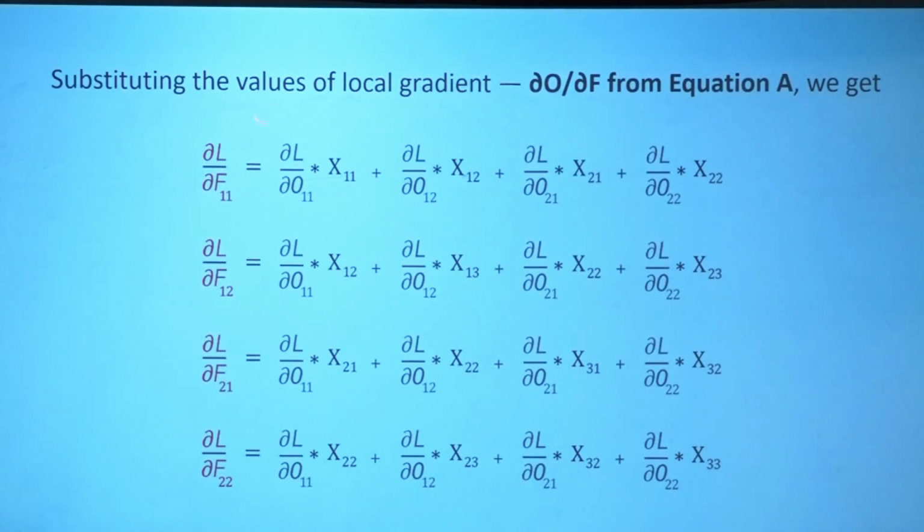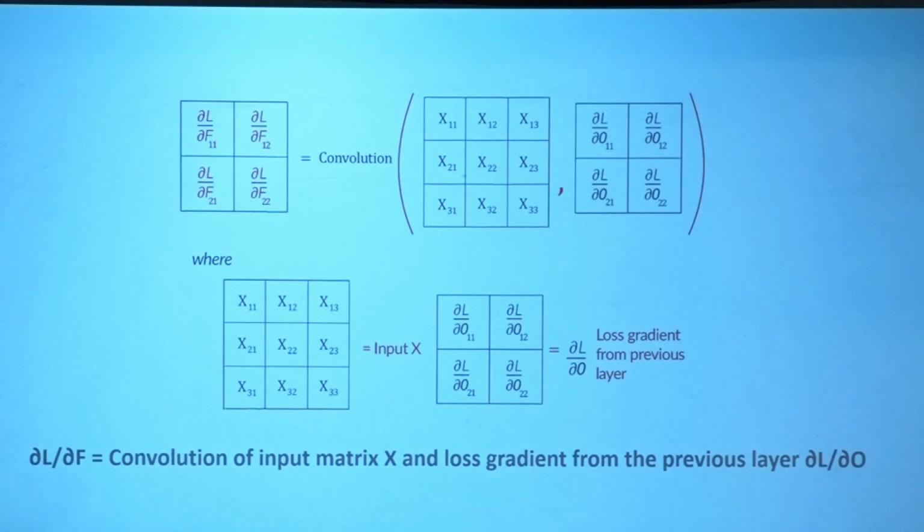Yes, this is the output gradient, dou L by dou O 1,1, 1,2, 2,1, 2,2, with the inputs X 1,1, 1,2, 1,3, 2,1, 2,2, 2,3, 3,1, 3,2, 3,3. Now what can you say? Simple thing.